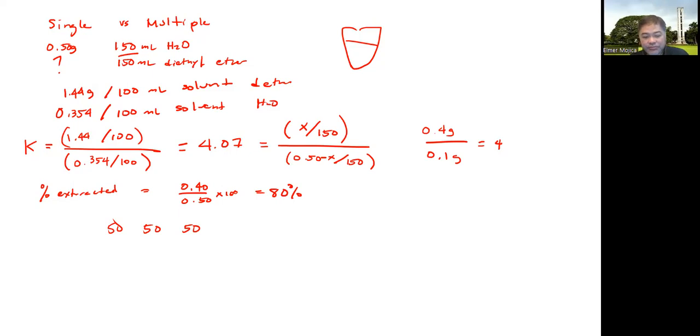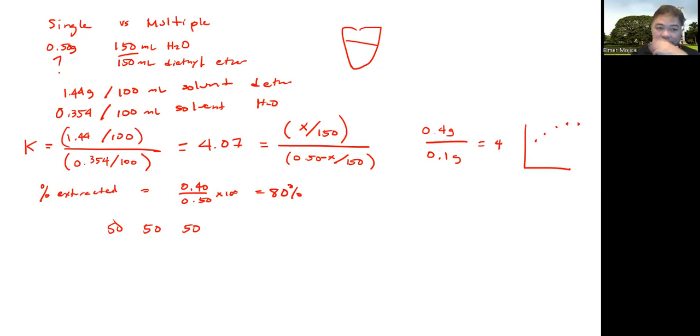But with multiple extraction there is also a limit; you cannot do it infinitely. If you graph it, the first extraction is this amount, and after the second and the third, it will level off. That means after multiple extractions, you have already extracted all the material from the aqueous phase.